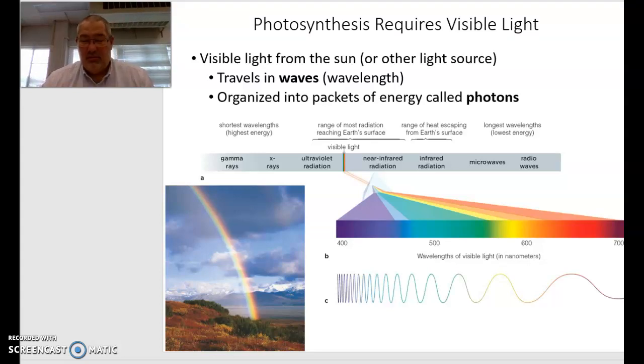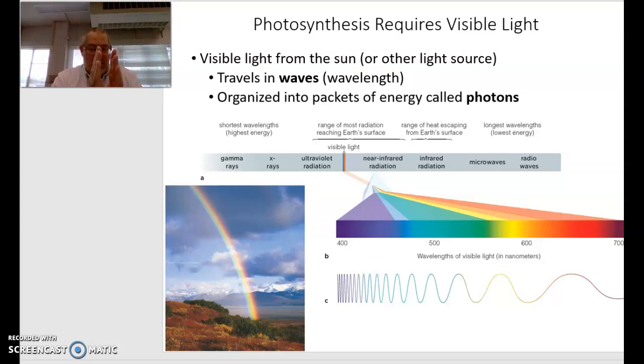Plants typically utilize visible light from the sun for photosynthesis. And visible light tends to have a wavelength within this electromagnetic spectrum of 380 to 750 nanometers. A wave of light, if you measure two consecutive waves, that distance is called a wavelength.